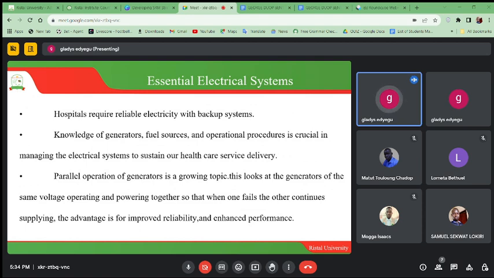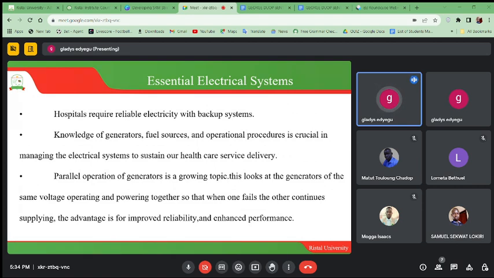So we really need to have this knowledge of how to operate the generators on the different fuel sources and also the different operational procedures. When we have this knowledge, it can help us sustain power in our hospitals 24/7. So we need the backup systems, which are very key, and that is the generator.